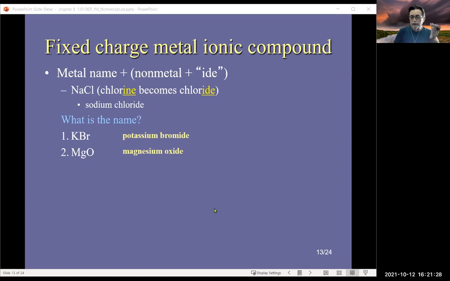Now, bear in mind, as I stated, when we get to covalent compounds, the bromide, the oxide, the chloride part of the name continues to be called in that form. Here we have calcium. Now, you might be tempted to think it's diatomic fluorine.